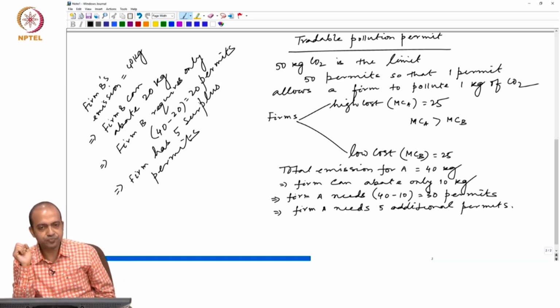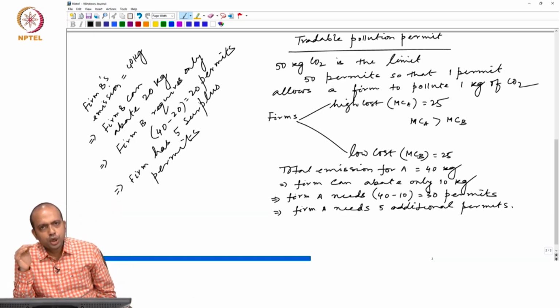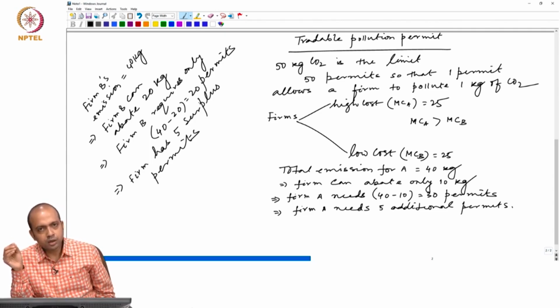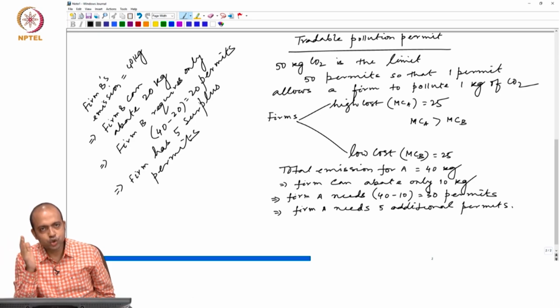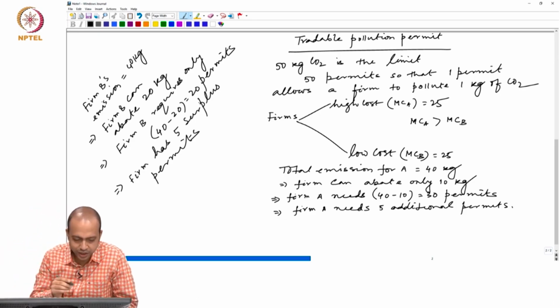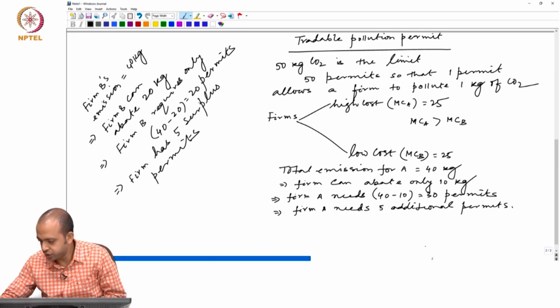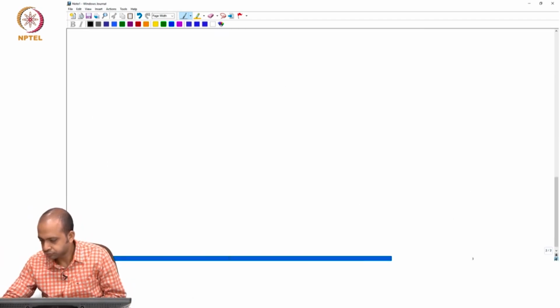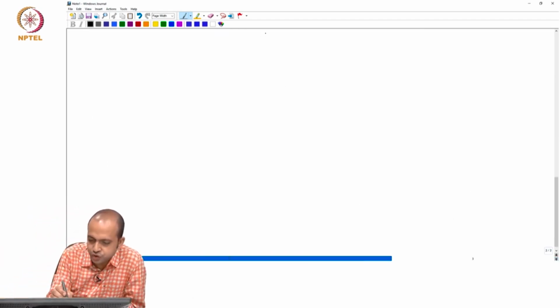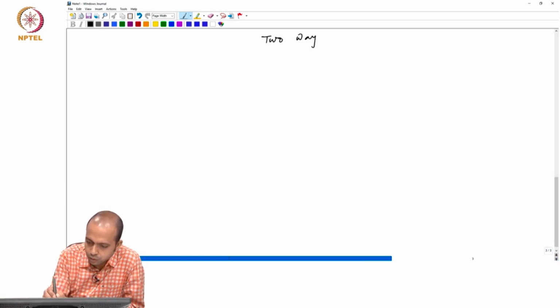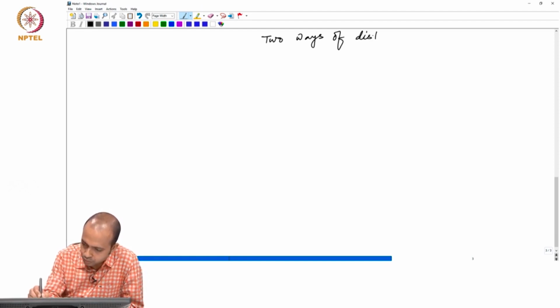That is the mechanism. Now, there are two ways of distributing permits.